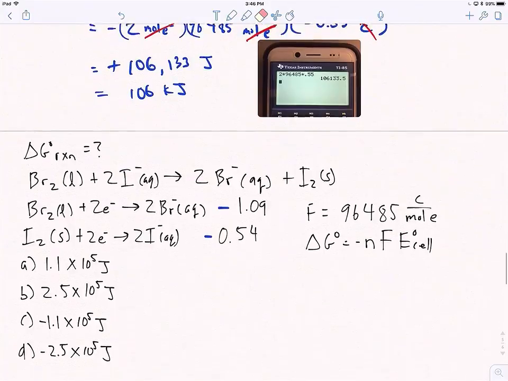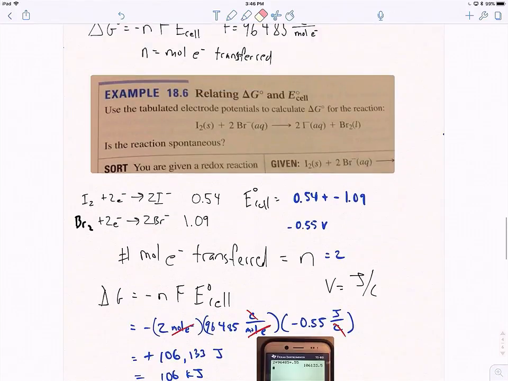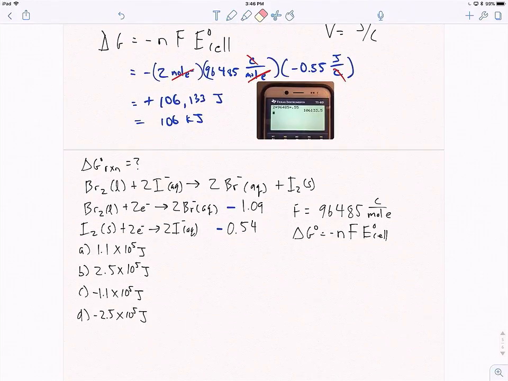All right, here you go. Can you solve this one? Same thing. How about bromine plus 2 iodides makes, wait a second, these are positive.